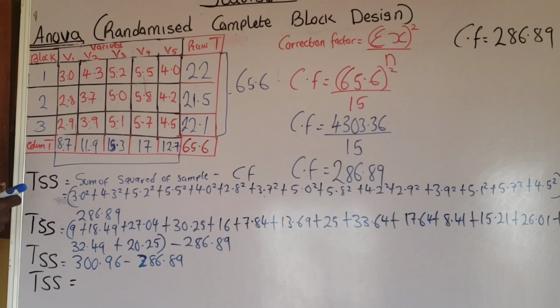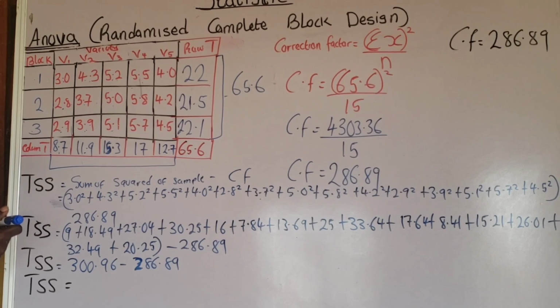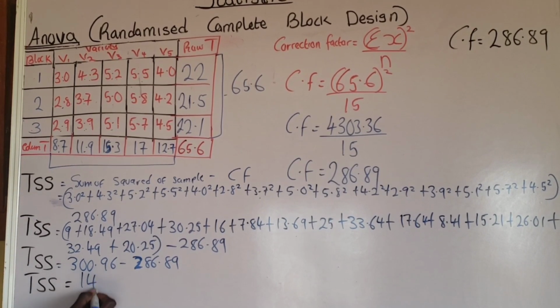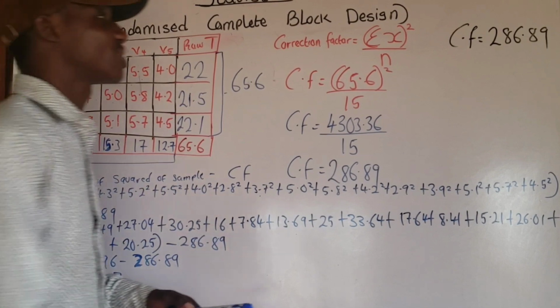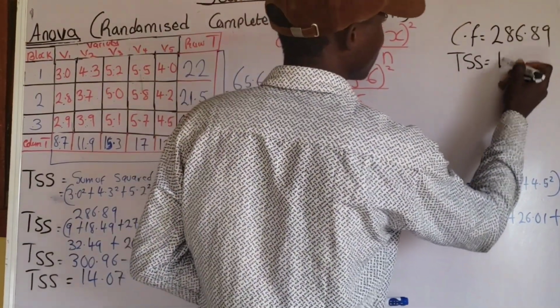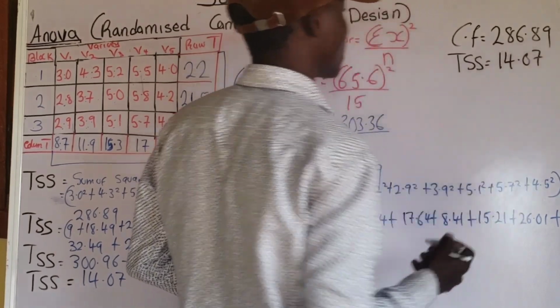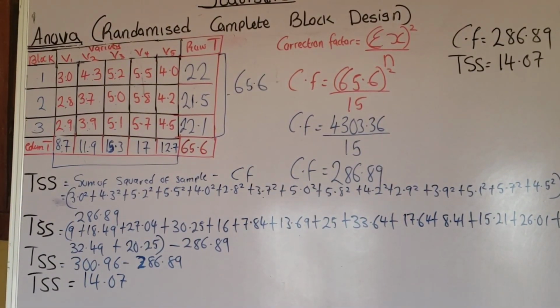That is 14.07. You understand? So you've gotten another value here. The total sum of squared, TSS, is equal to 14.07.